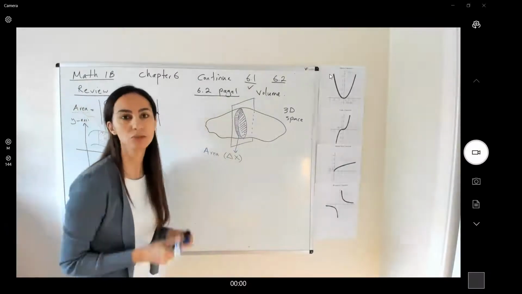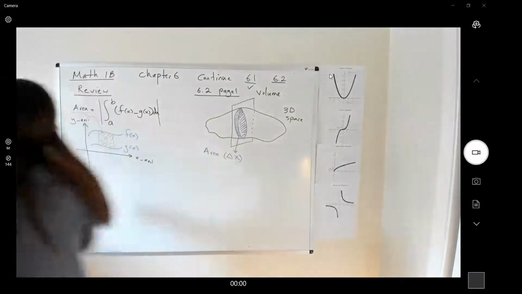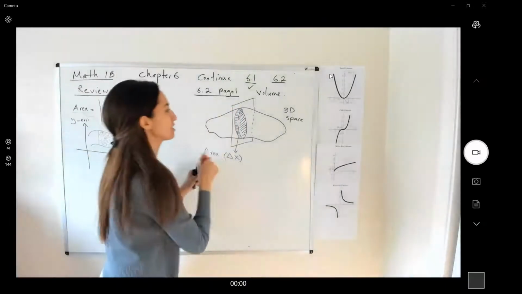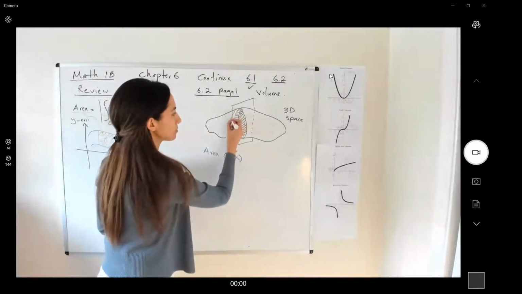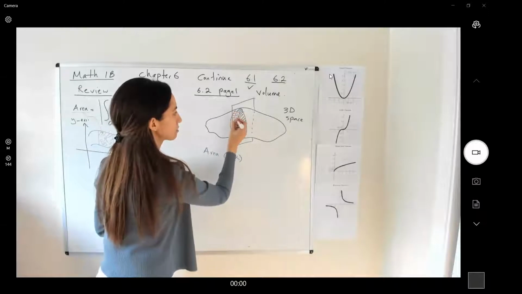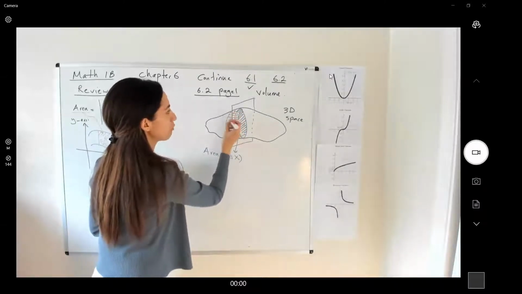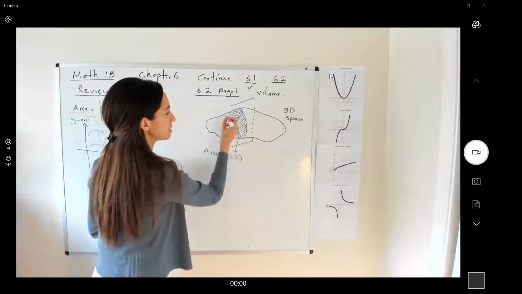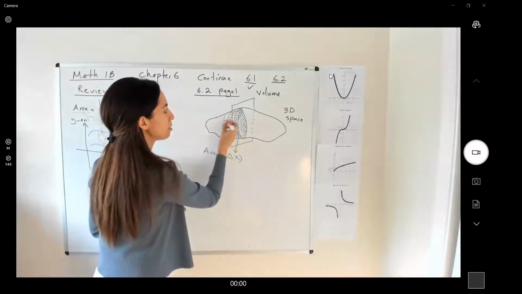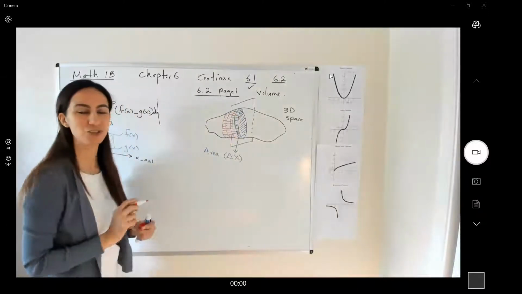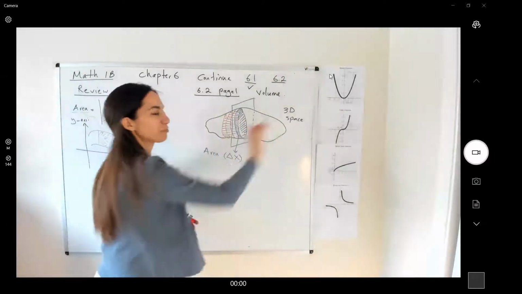If you continue the process, cutting the rest of this three-dimensional object, finding the volume of little pieces here and adding them all, we can actually find the volume of the whole shape.